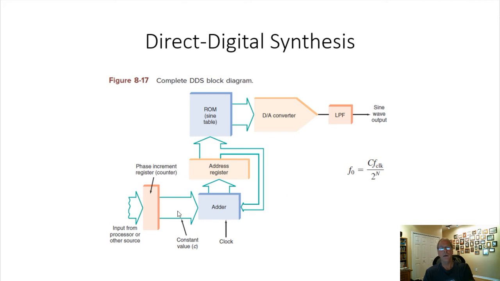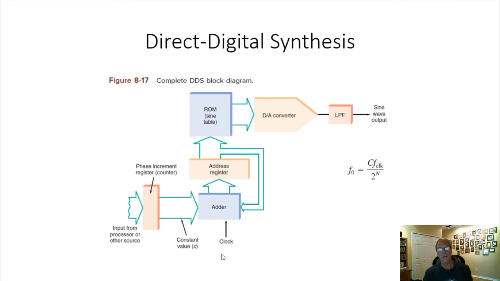Now, if you change the value of this constant so the adder goes quicker, you're going to go through the ROM table faster, and therefore your sine wave is going to increase in frequency. So here's a little formula here.